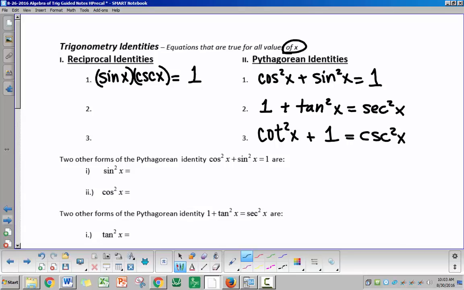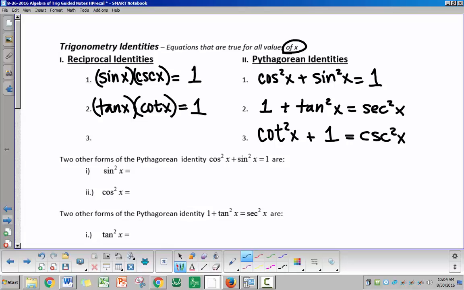That's right. So that's a reciprocal identity. So wherever you see sine x times cosecant x, you can put what in its place? 1. What about another one? Tangent times cotangent. All right, John, you ready to give me the other one?